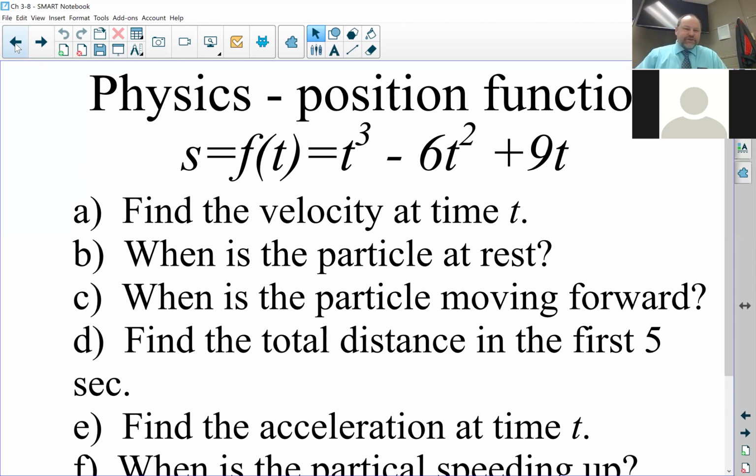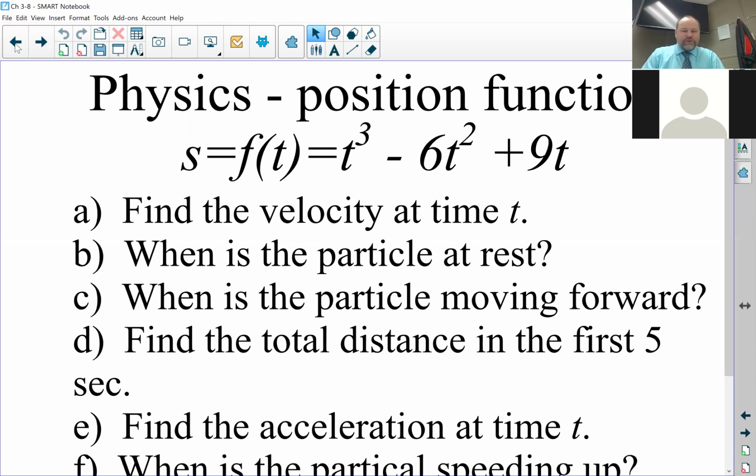The position function, S, which is just a function of time, is given as t cubed minus 6t squared plus 9t. And we're going to use that function and answer a bunch of questions. We're going to find the velocity at time t. We're going to find the time when the particle is at rest. We're going to find the interval when the particle is moving forward.